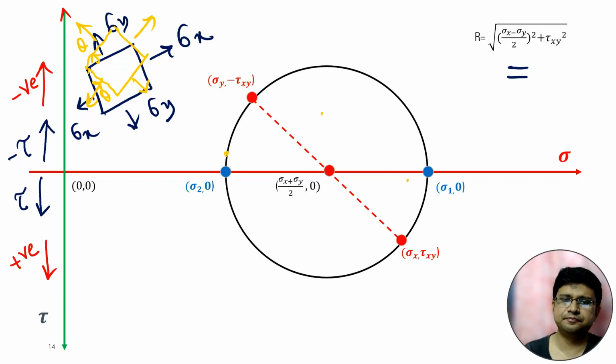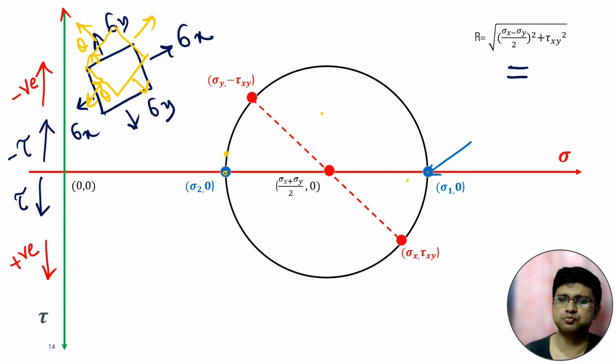Now after some time, these 2 points will come to these 2 positions, and obviously these 2 points will be the points of major and minor principal stress, because for this point, the normal stress is maximum. For this Mohr circle, there cannot be any point further right than this particular point.